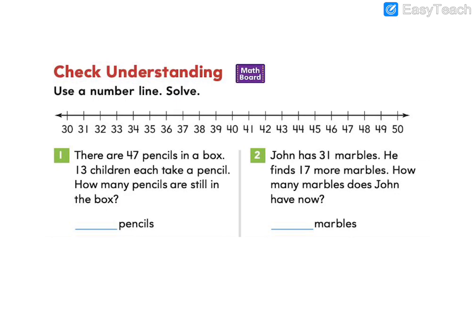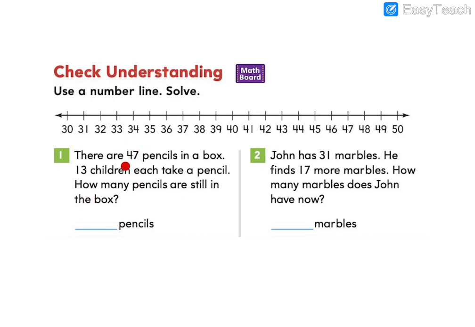Okay, let's look at check understanding. You're given a number line here to use. You can choose to use this number line or to create your own open number line. Number 1 reads, there are 47 pencils in a box. 13 children each take a pencil. How many pencils are still in the box?